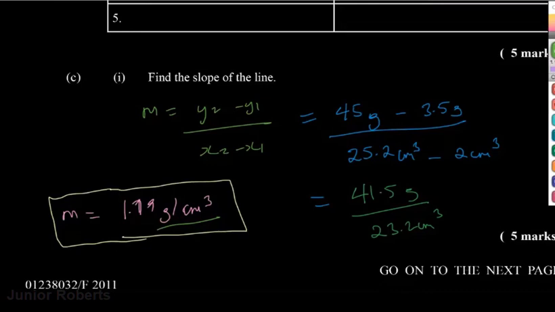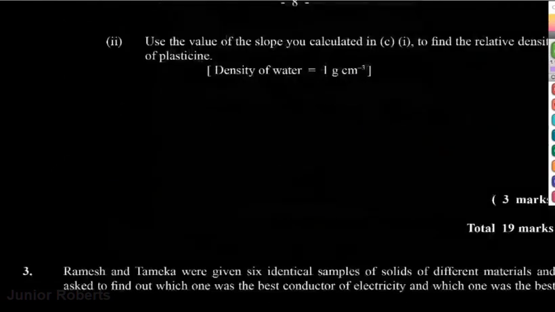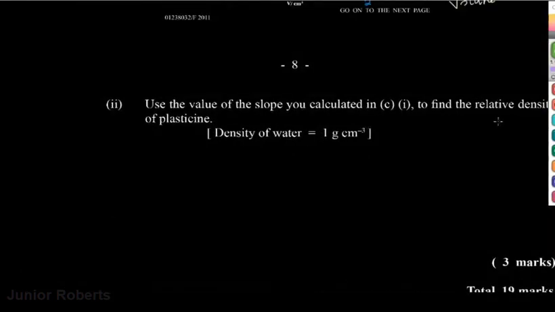And then let us see what else they want us to do. They said to use the value of the slope you calculated to find the relative density of plasticine.